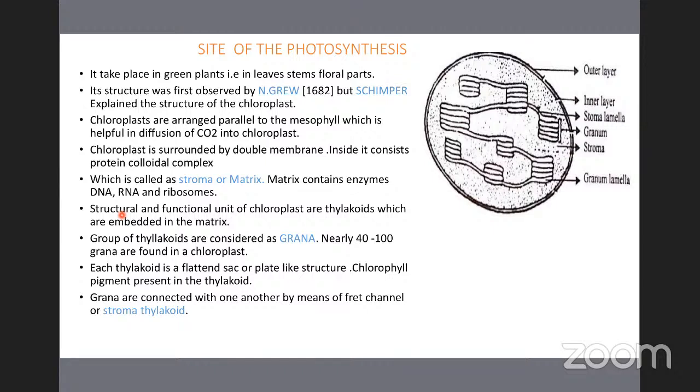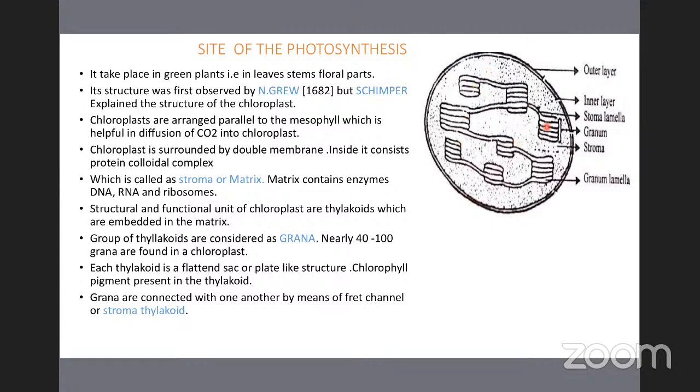And these thylakoids are embedded in the matrix. That means they are arranged in the stroma or in the matrix. They are sunken or embedded in the stroma part of the chloroplast. And if we observe them keenly, the thylakoids are arranged in groups.